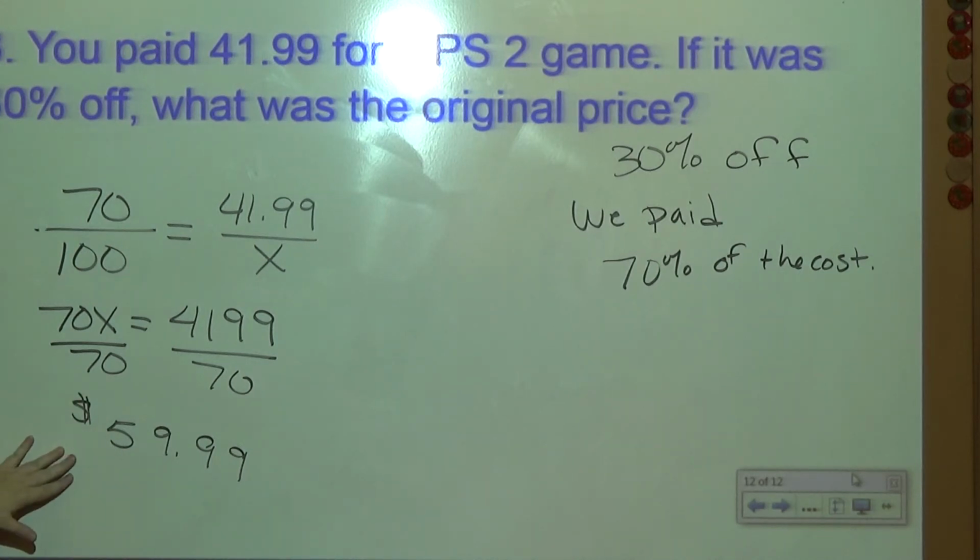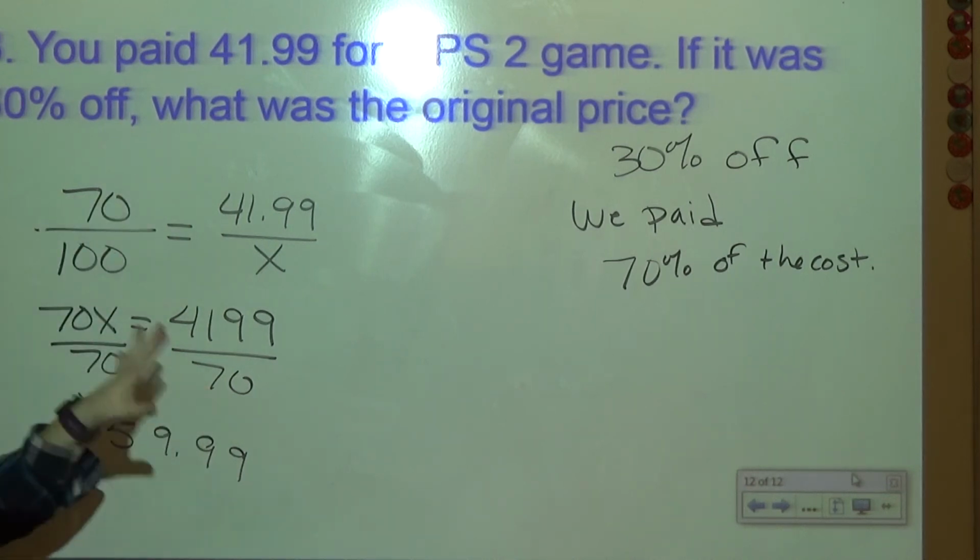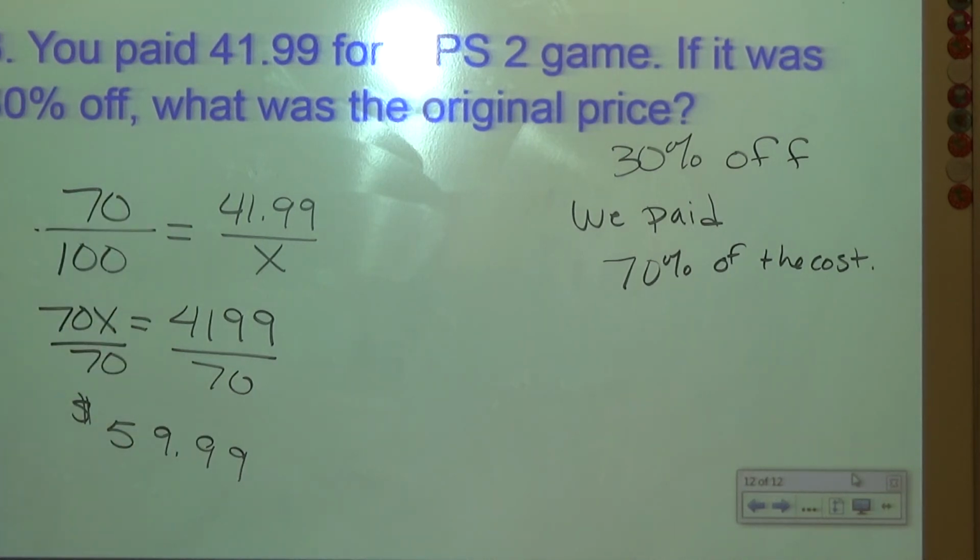Does that make sense? It does. 30% off 60 is around 41. This makes sense. So this is tricky with some of these using the percentage. It was 30% of some number that we didn't know was the percent off. So these are a little trickier.